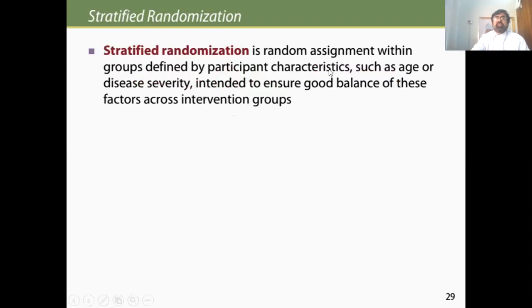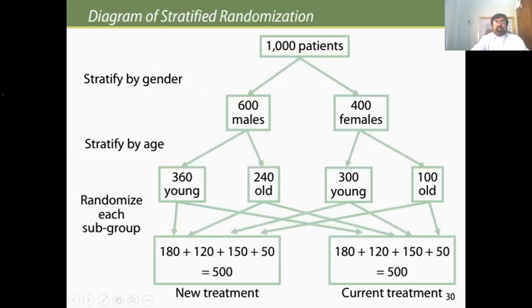Stratified randomization is random assignment within groups defined by participant characteristics, such as age or disease severity, intended to ensure good balance of these factors across the intervention groups. So this is what stratification is. For example, you have 1,000 patients, 600 males and 400 females, and you stratify them by age. Among males, 360 are young and 240 are old. And among females, 300 are young and 100 are old.